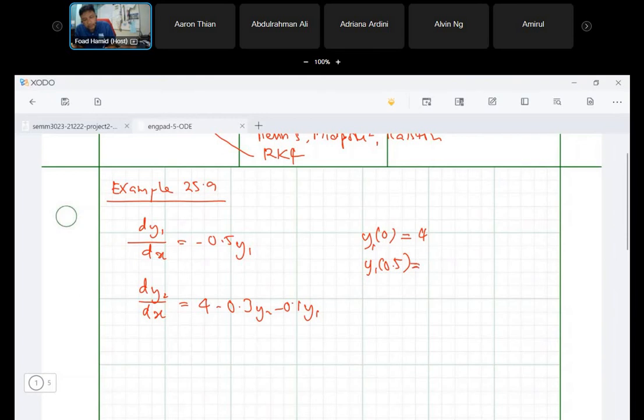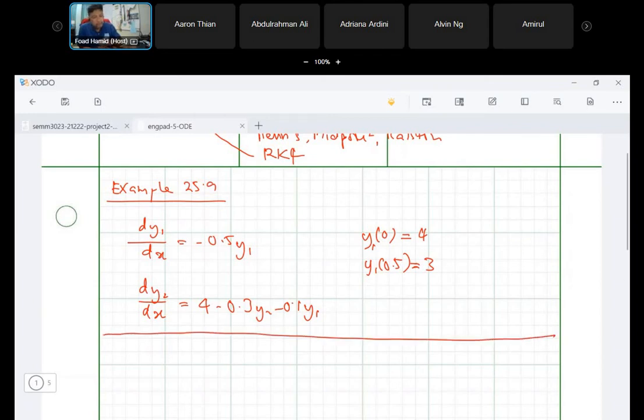Okay, so these are the boundary conditions. Note that we have two first order ODEs, which requires two initial conditions to solve. So this is the problem here.